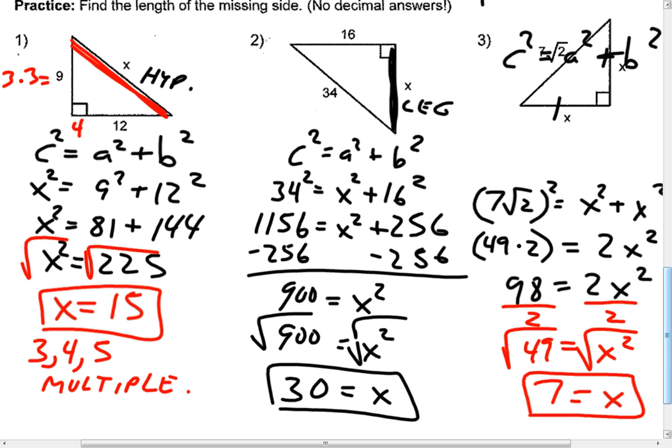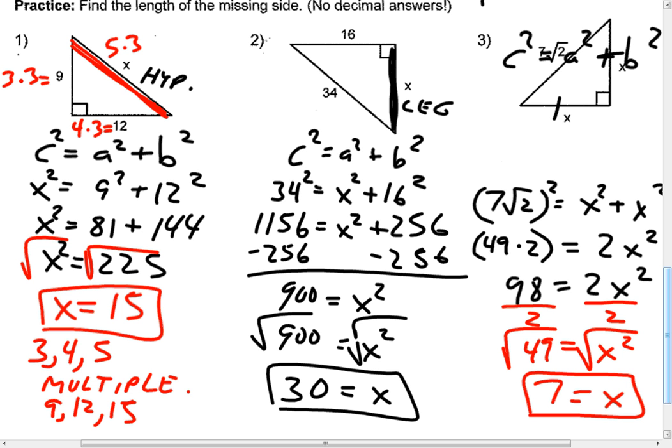What's 4 times 3? What's 5 times 3? 15. If I multiply any Pythagorean triple by the same number, whatever results, and in this case we got 9, 12, and 15, I know that the result will be another Pythagorean triple.